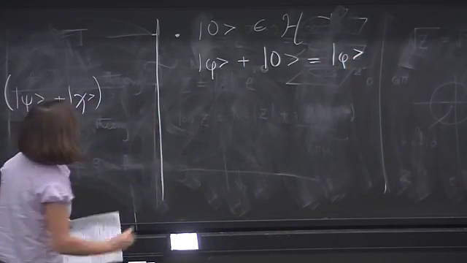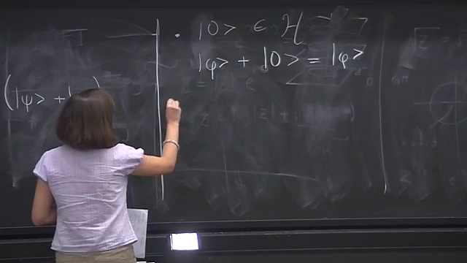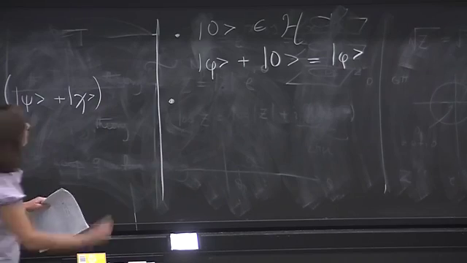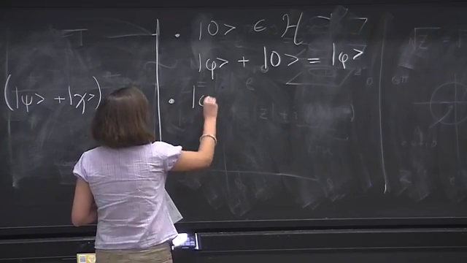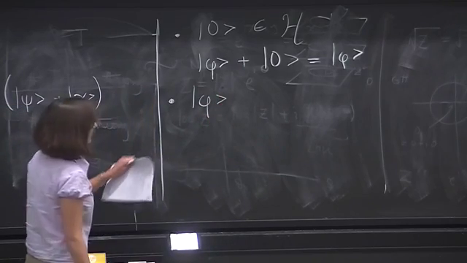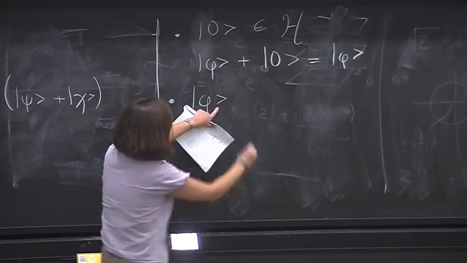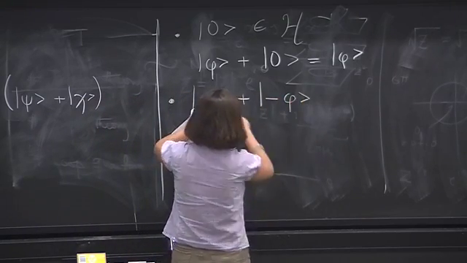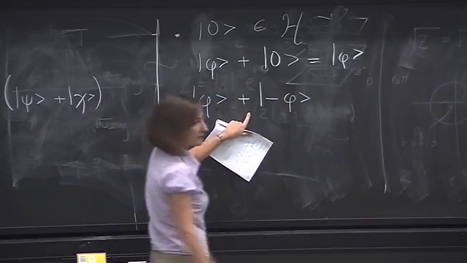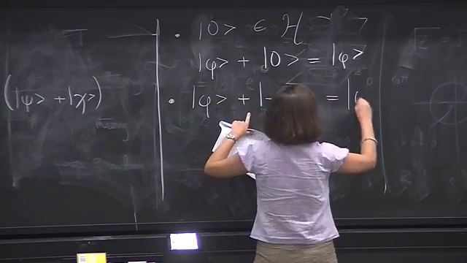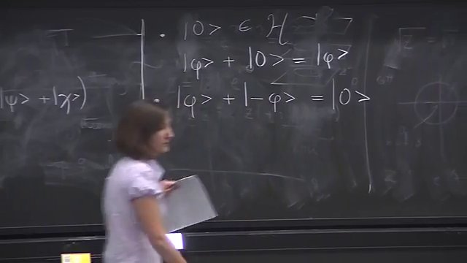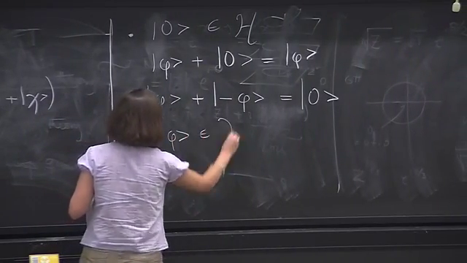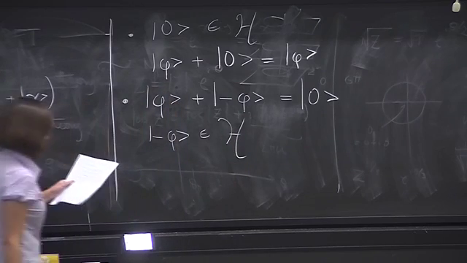Right? Then we should also have an additive inverse. This means that for every state in the Hilbert space, there must exist a state, let's call it minus phi, such that phi plus minus phi gives us the vacuum state. So this state also belongs to our vector space.